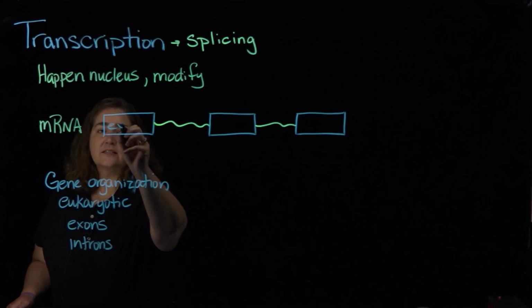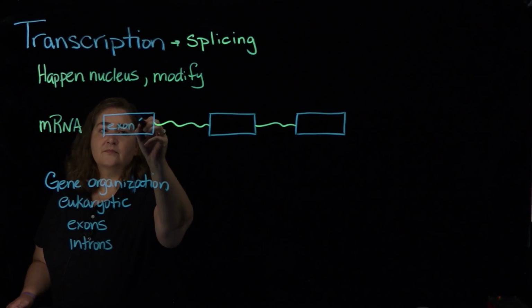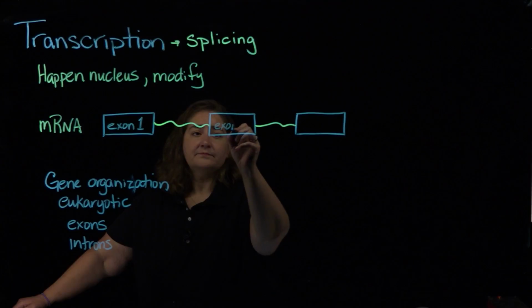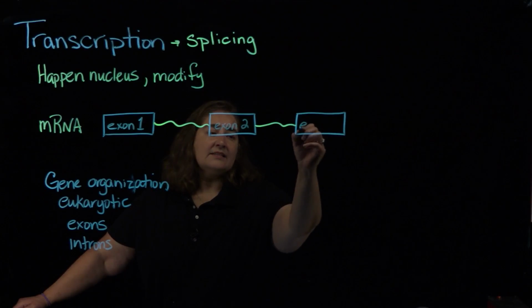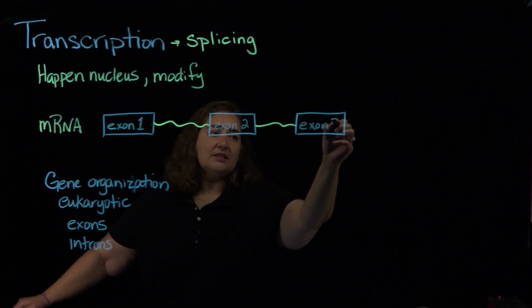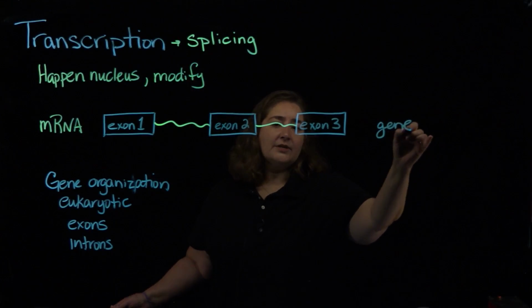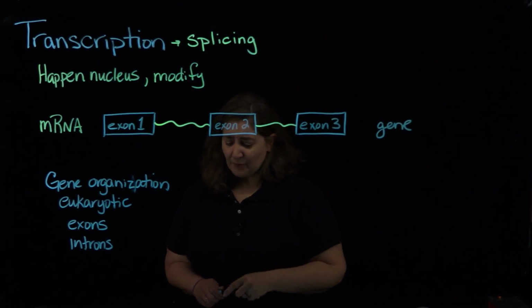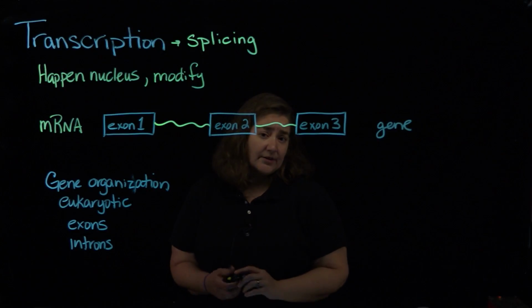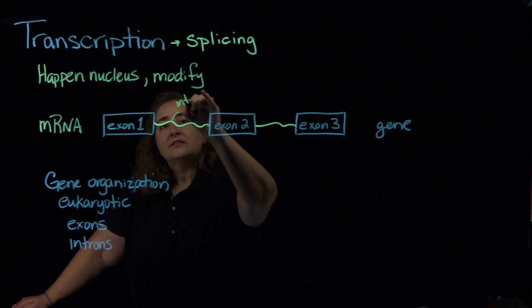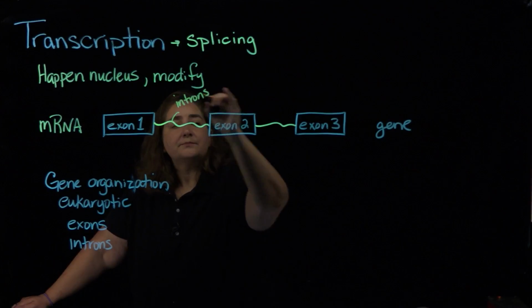So my boxes here are going to represent my exons. And in this case, this particular gene has 3 exons. The number of exons and introns is variable. The yellow squigglies are going to be the introns.